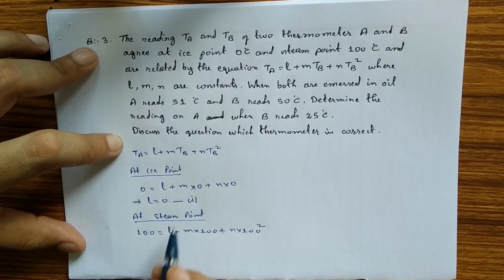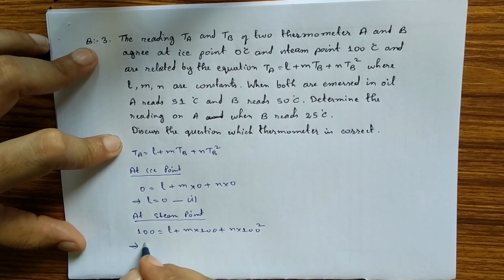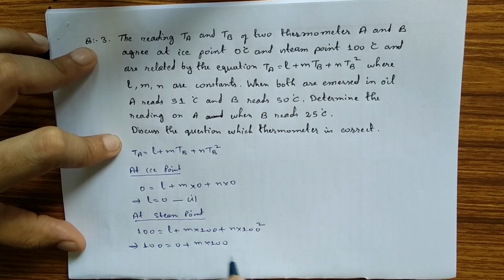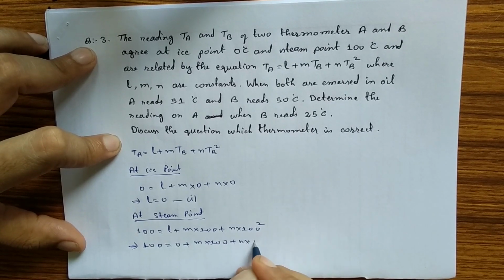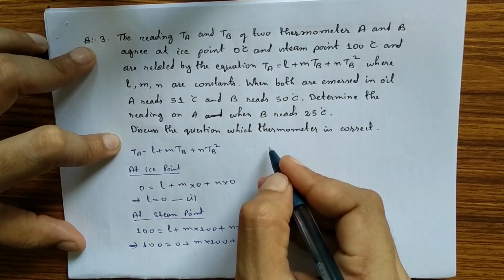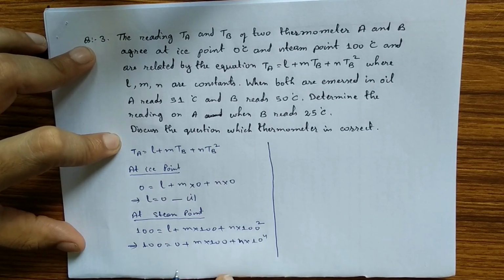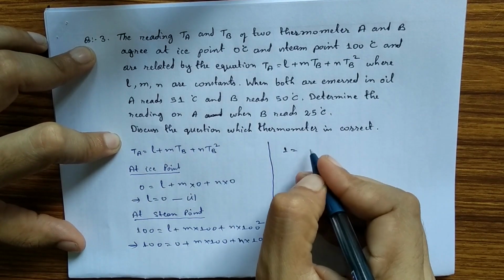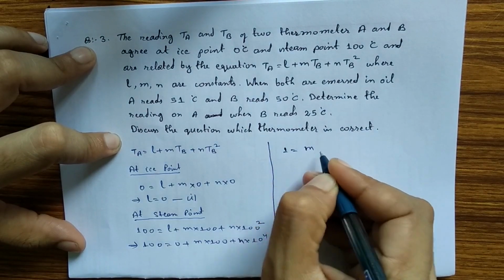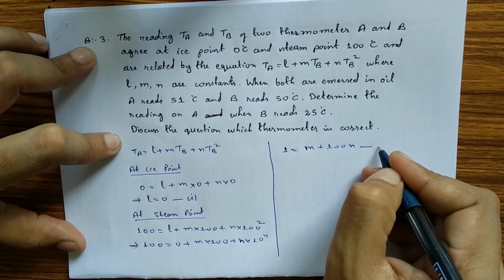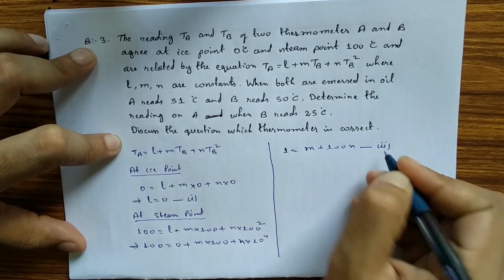Putting the value of L equals to 0 from equation 1, we get 100 equals to 0 plus M into 100 plus N into 10 to the power 4. Dividing both sides by 100, we get 1 equals to M plus 100N. This we will name as equation 2.